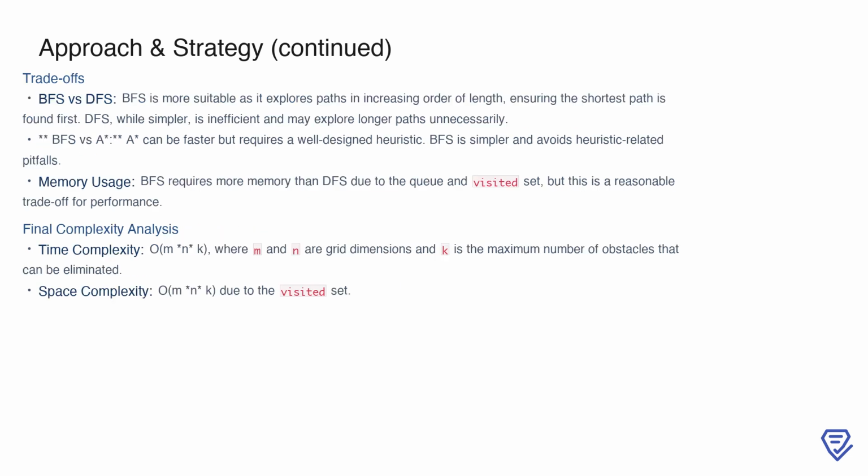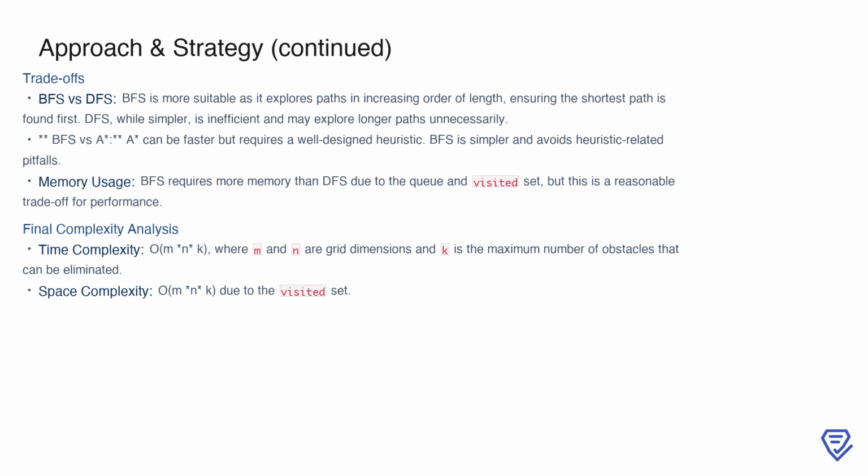There are several important trade-offs to consider when comparing BFS with other techniques like DFS or A*. BFS is particularly well suited for this problem because it explores paths in increasing order of length, ensuring the shortest path is found first. In contrast, DFS, while simpler, is inefficient for this use case as it may explore longer paths unnecessarily before finding the shortest one.